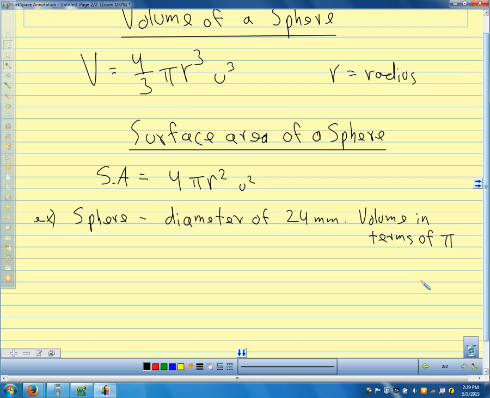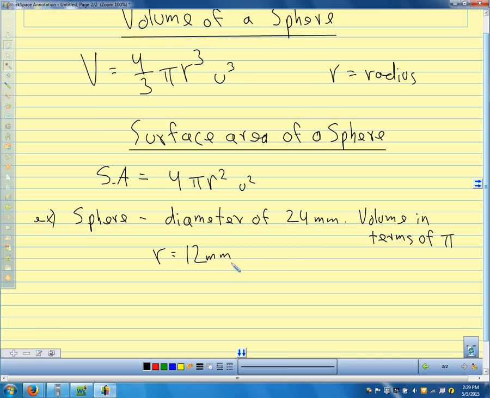Well, what do we need to plug into our formula? The radius. For a sphere, the radius is the key. That's the first thing we have to figure out with a sphere when we're talking about surface area and volume. So what is the radius? Radius is 12, half the diameter.